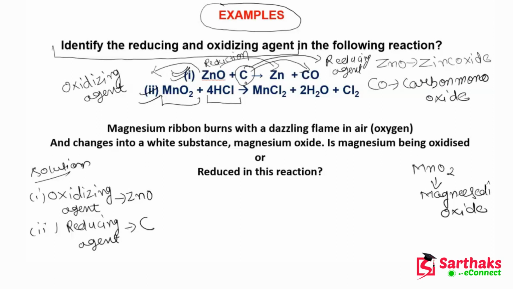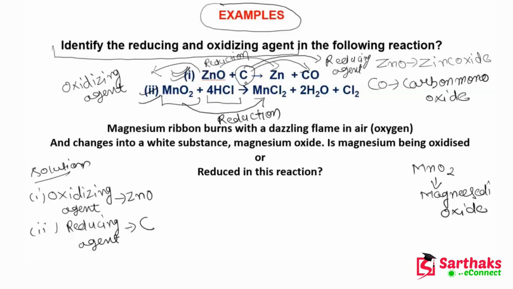Now guys, we have to find out which is getting reduced. You can see that this manganese dioxide is converted into MnCl2. So there is a removal of oxygen, and because there is a removal of oxygen, we will say that reduction is taking place.